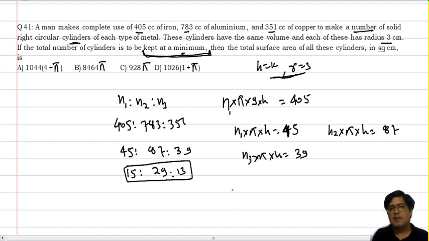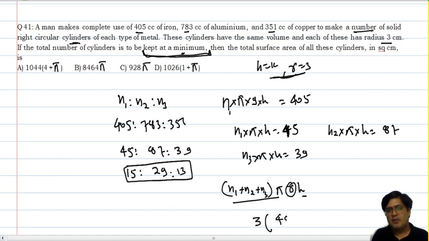What I will need is, because surface area of each one will be equal, I'll need N1 plus N2 plus N3 into pi r h. Now notice here, other than r part, I have already collected this part. So r is 3 multiplied by 45 plus 39 plus 87 is the lateral surface area of the cylinder. This curved surface area I am able to find out for all cylinders.